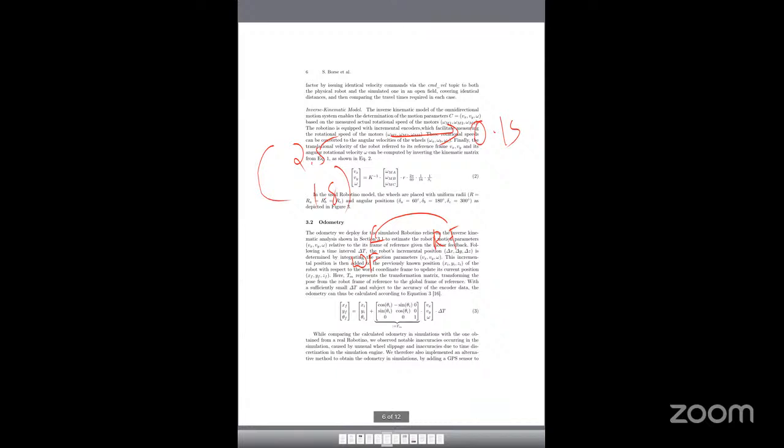So we have equation number 3. So the new position is equal to old position plus the rotation matrix, then into velocity into delta t. How much time? Delta t means the time interval.